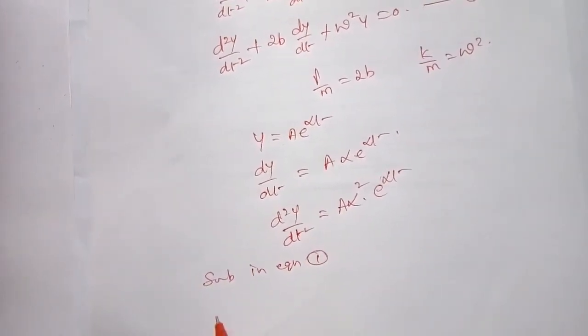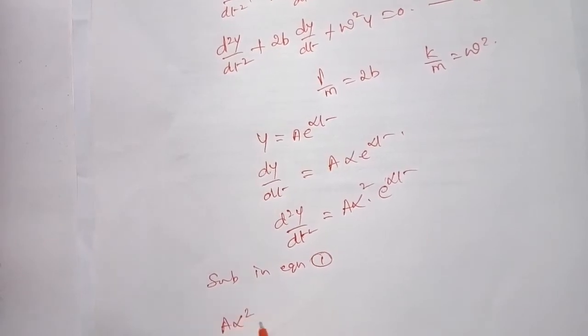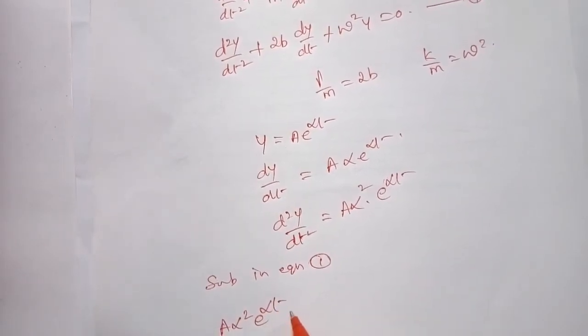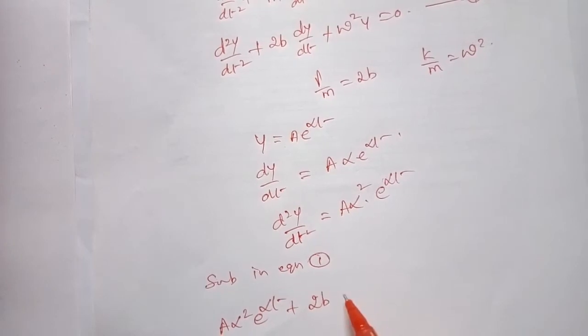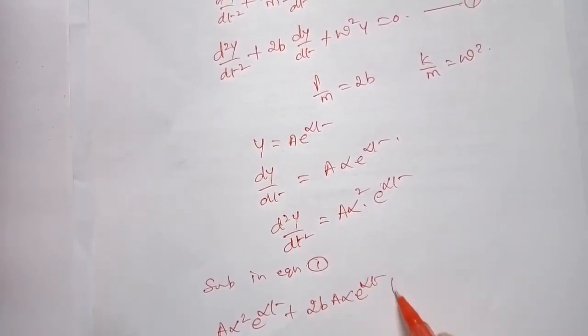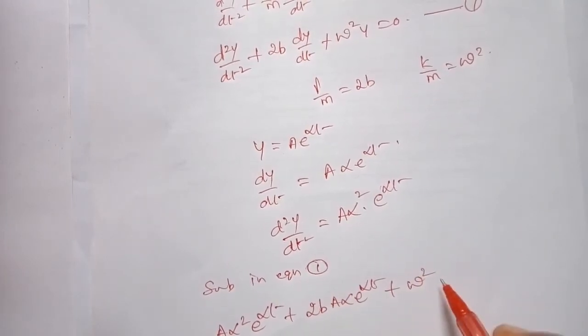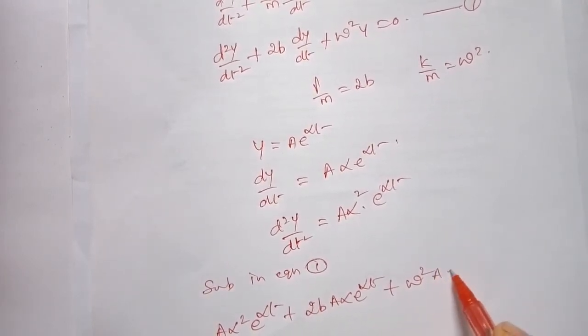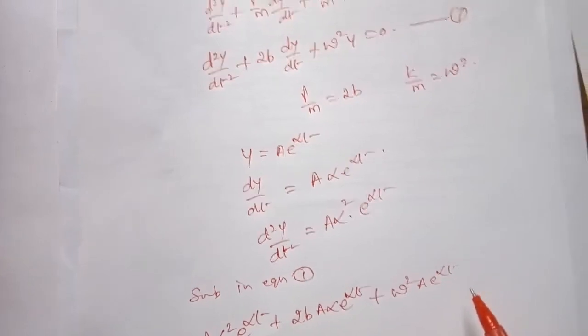we get A α² e^(αt) + 2b A α e^(αt) + ω² A e^(αt) = 0.